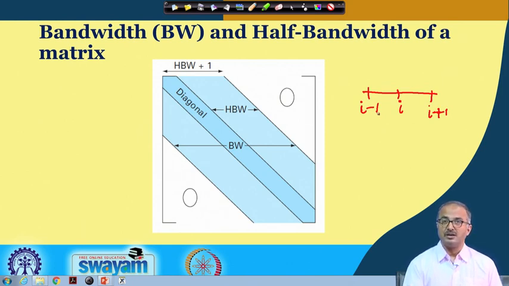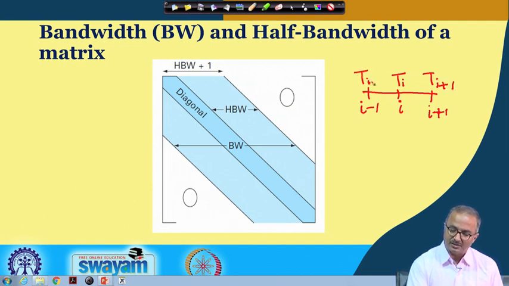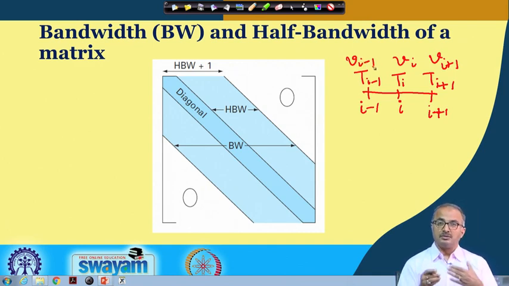Suppose we are talking temperature, and I want to find the temperature gradient, and this is the x direction. So I have Ti, then Ti plus 1, and then Ti minus 1. Similarly, if I want to find the velocity profile, I will have Vi, then Vi plus 1, and then Vi minus 1. Okay, and so forth. Similarly, you can go for the species concentration.